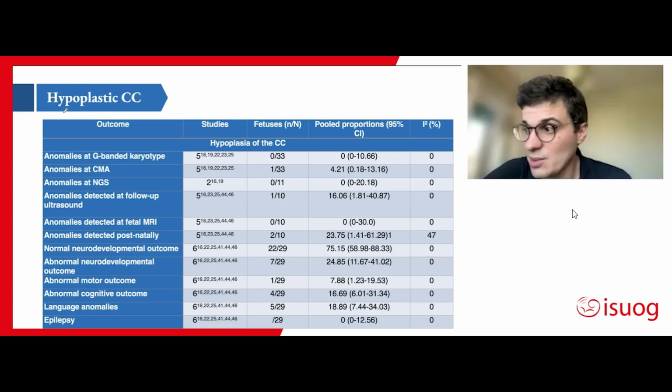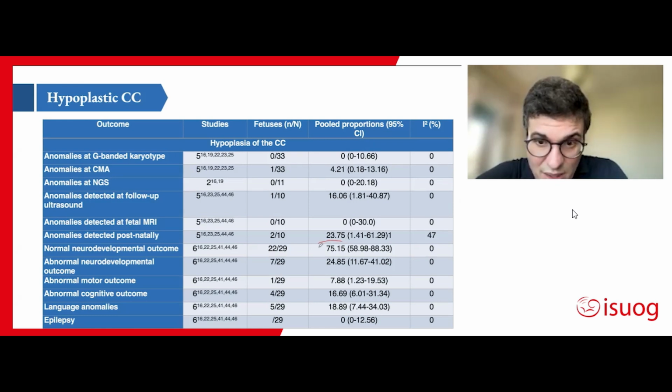And what is the outcome of this condition is very difficult to say, because actually most of the cases which were labeled as hypoplastic corpus callosum before birth were actually discovered to be partial agenesis of the corpus callosum. This is a systematic review of the published studies which we did together with several experts in neurosonography, and we reported that also the burden of genetic anomalies was low.